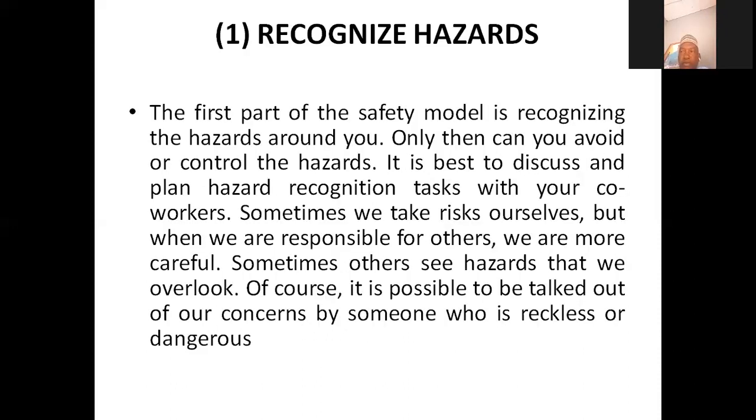So these are the 3 basic modes. Let's go to the first one: recognizing a hazard. The first part of the safety model is recognizing the hazard around you. You cannot control or eliminate a hazard if you don't recognize it.